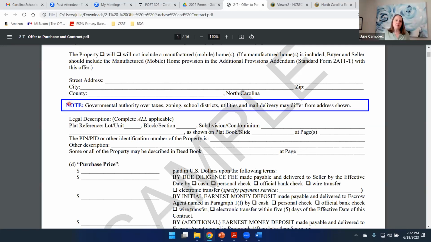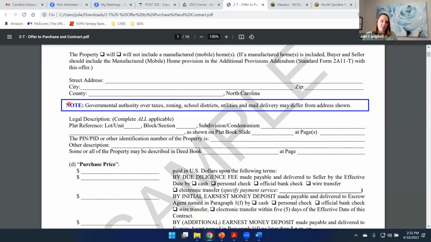Understand the street address and the mailing address may not be the same. You may have a street address of something Main Street or whatever. You may have a mailing address of like Route 8, you know? So if you get out in some rural areas, they may not be the same. Our contract is asking specifically for the street address.